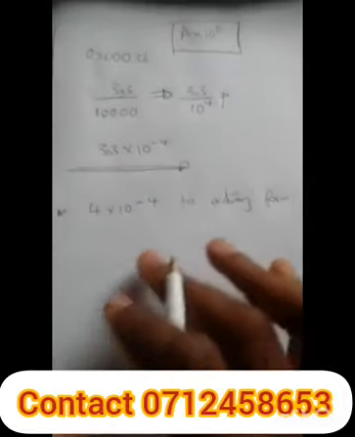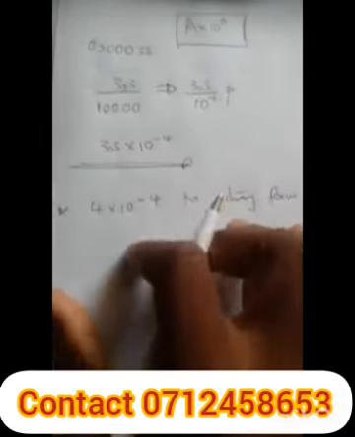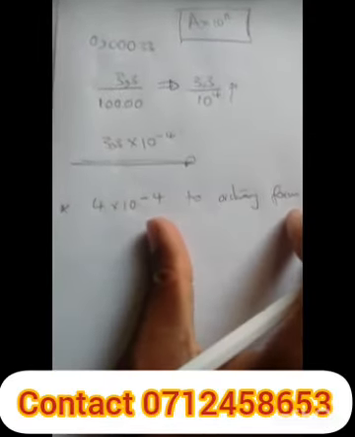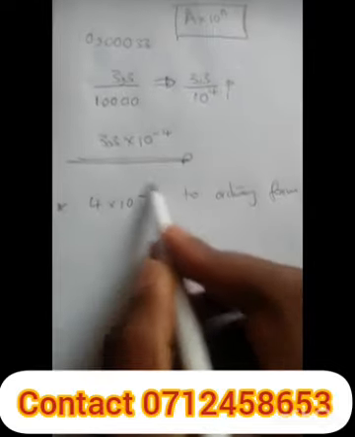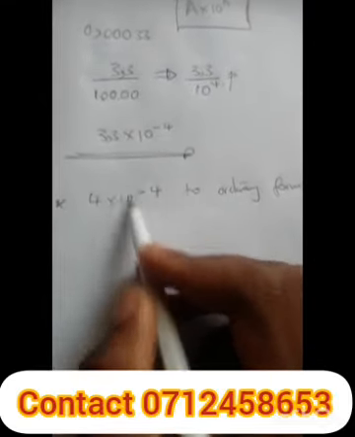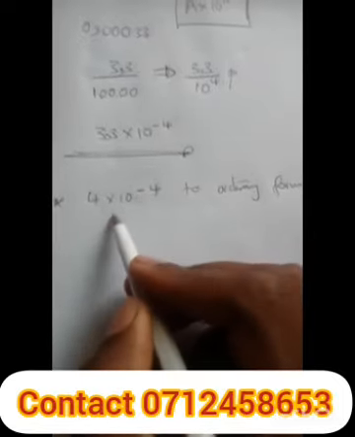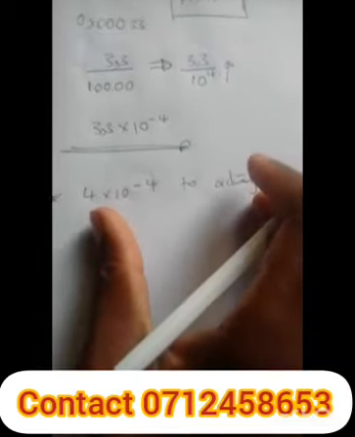So I'll be knowing that for me to change this number to ordinary form, I need to understand what is my exponent here. My exponent is negative 4. My exponent will guide me back to what to do on the ordinary part.